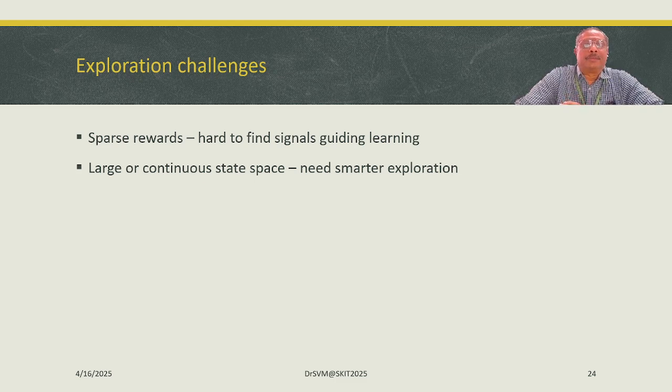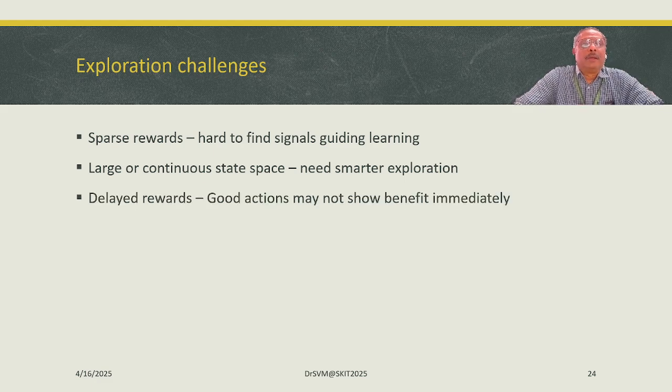The size of the state space is so huge that we require a smarter exploration technique rather than random exploration. Then another problem is delayed rewards. Every action may not get an immediate reward. Because of delayed rewards, some of the good actions may not be immediately visible. So these are some of the challenges we have in exploration techniques.